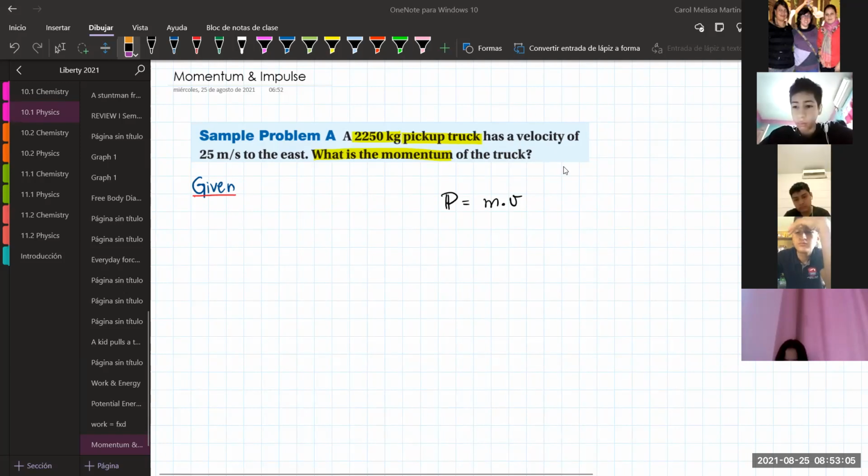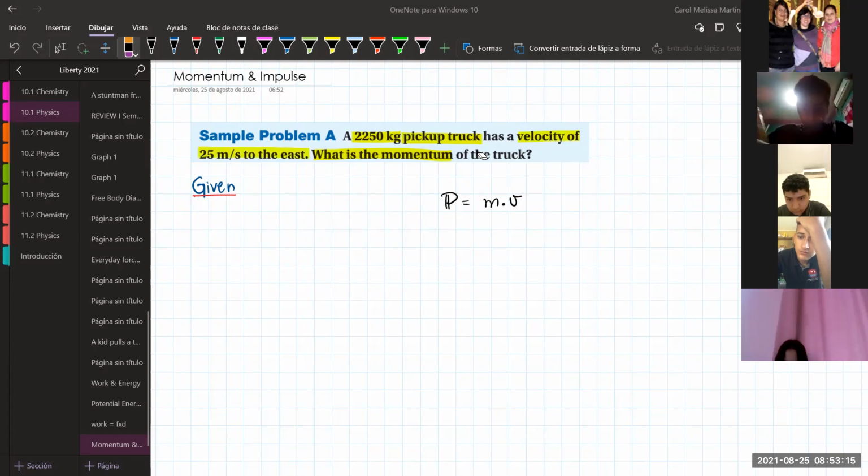It's also telling you that the pickup truck has a velocity of 25 meters per second to the east. Remember, momentum has direction, so everything that involves direction must be included.